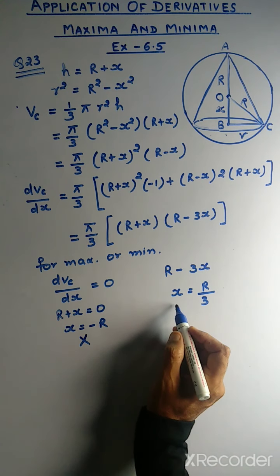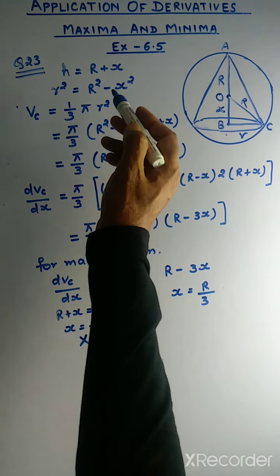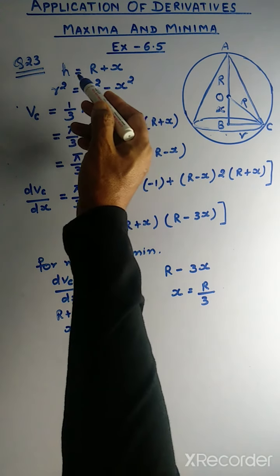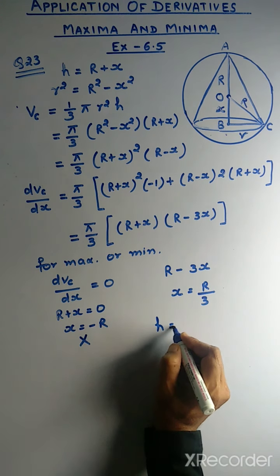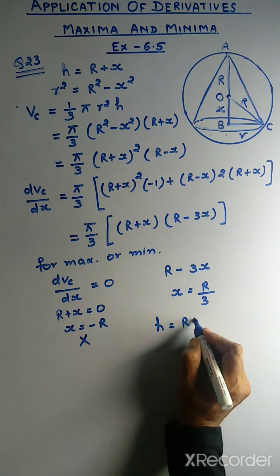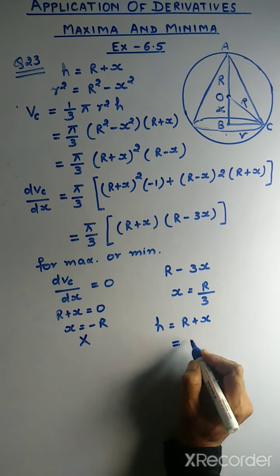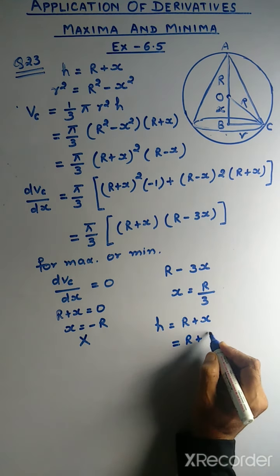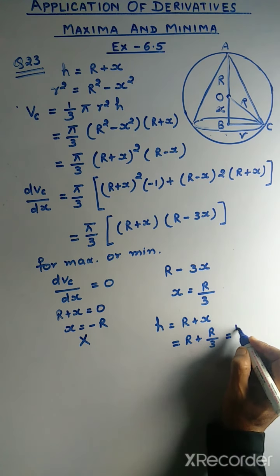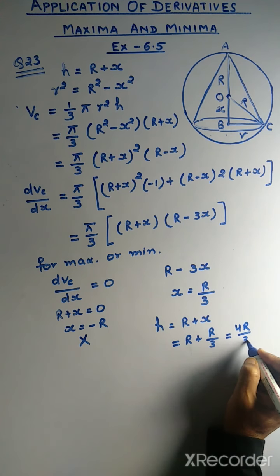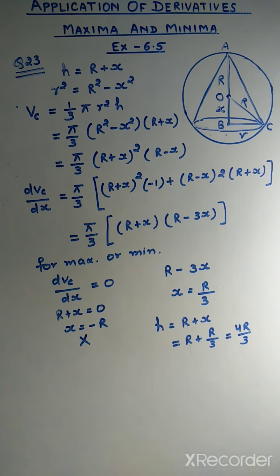Now substituting the value of x in the first equation, that is h equals R plus x. So we will get h equals R plus R by 3, which is 4R by 3. So the height of the cone in terms of capital R will be 4R by 3, because capital R is given in the question.